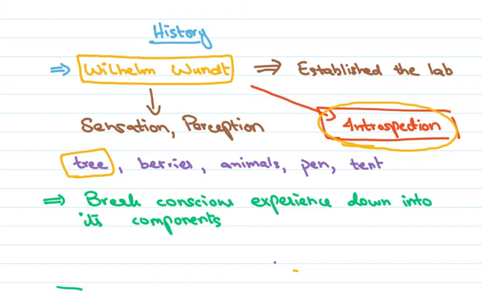So Wundt was using the same sort of thinking, and what he was working with was the mind, or thought. He was trying to break thought down into what he believed were the different components of conscious experience.